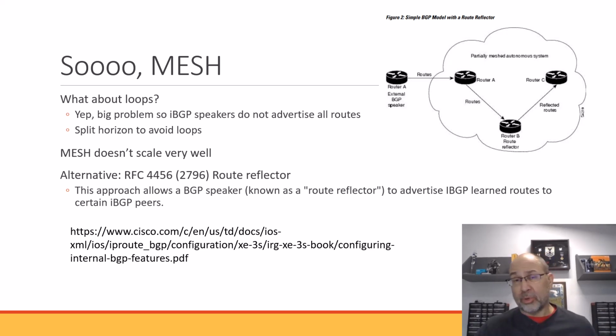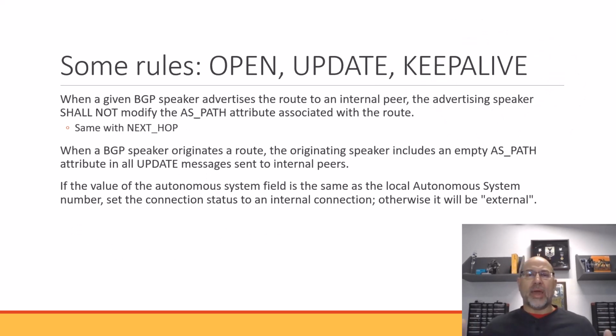Okay, so let's go over a couple of rules. When you set up an eBGP topology, it's fairly straightforward. The router is given an autonomous system number, and then we do the open, the update, the keepalive. But when you're an iBGP speaker, there's a couple of things that are a little bit different.